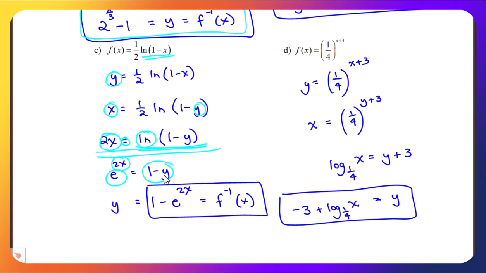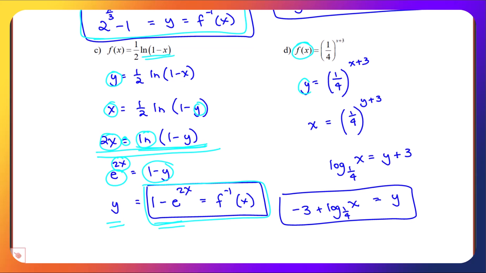And to get y by itself, I'm going to add y, it goes to the left. I'm going to subtract the e to the minus 2x, it goes to the right, and that's our inverse function. The y is replaced by f inverse of x.